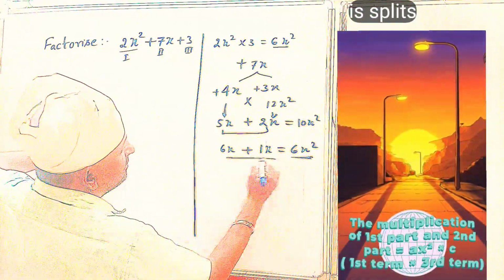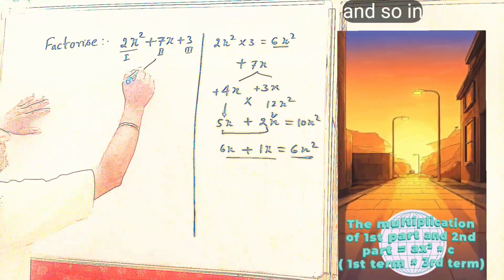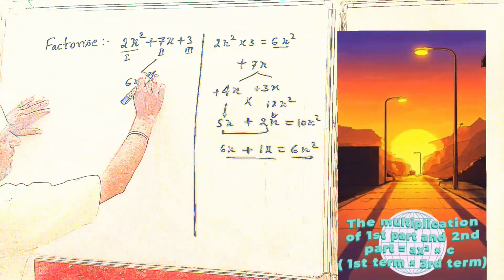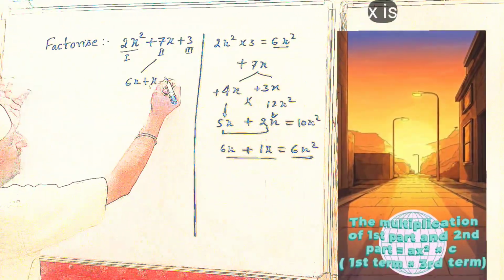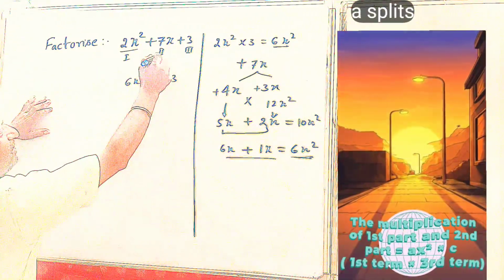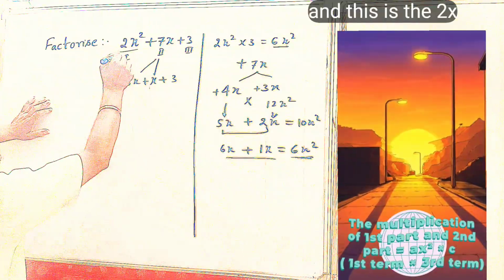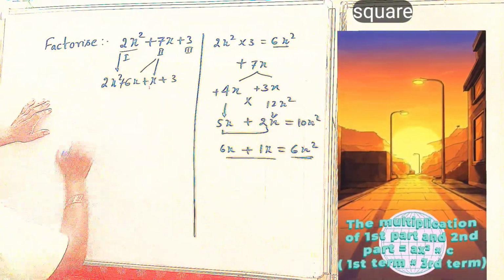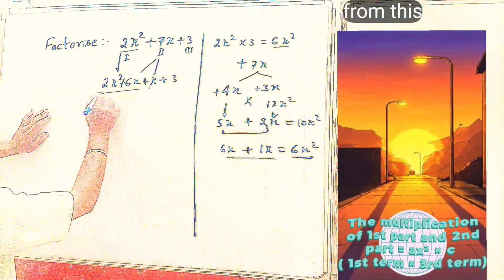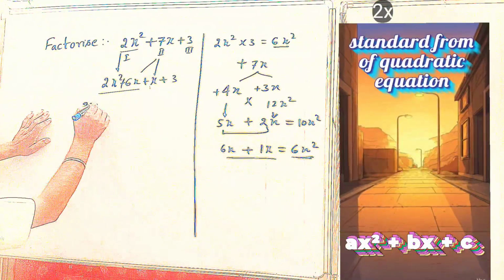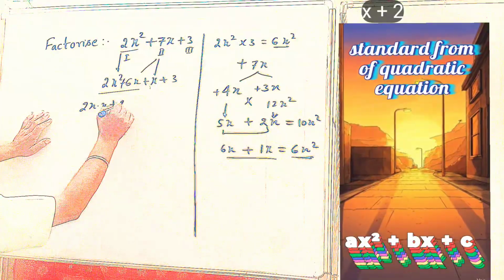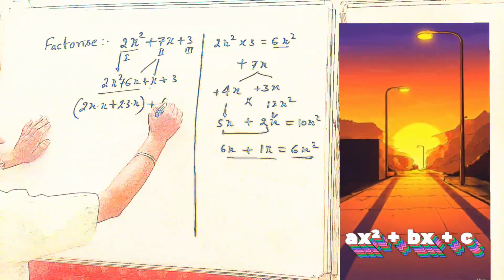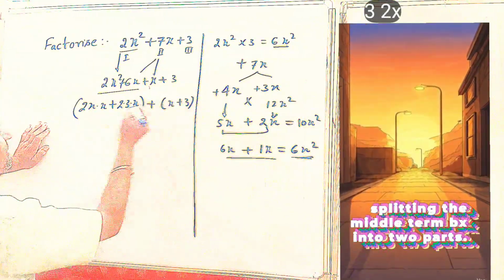That is the split sign. So in this case 6x plus 1x, x 6 1x, that is the split, and this is the 2x². Okay. Taking common from this, 2x plus 3 into x plus 3.